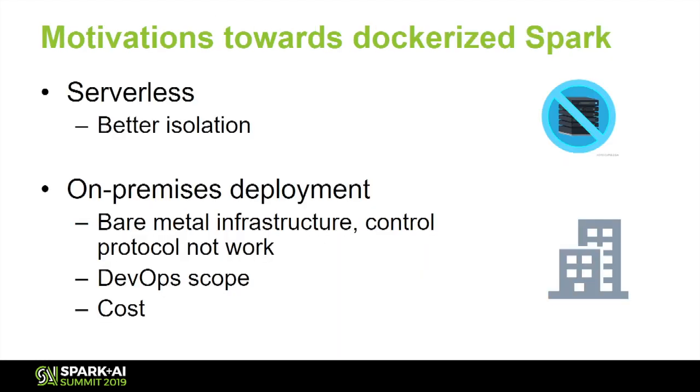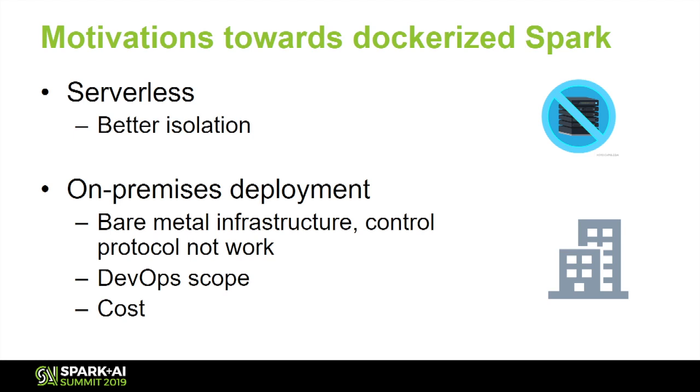So that is the VM-based architecture, but why do we need Kubernetes? Why do we need to Dockerize all the Spark? We found at least two requirements. The first is serverless. Many users or customers want something where they don't care where the cluster is. They don't want to maintain a dedicated cluster for their job.